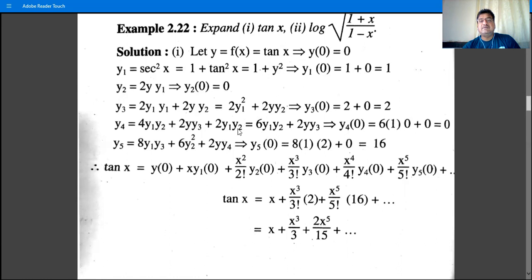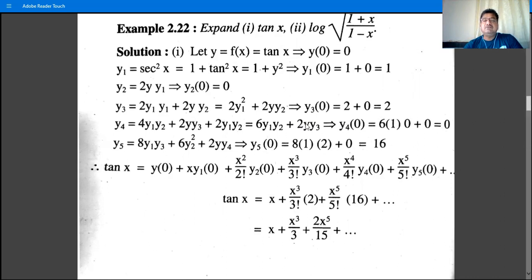So this is 6 y1 y2 plus 2 y y3, and then the value at 0, y4 0. Y4 0 is what? 6 y1 0 into y2 0, and y2 0 is 0, so this is 0. Then 2 y0 is 0, y3 is 2, but it is equal to 0. So y0 is 0, so this quantity is 0, and we have the answer 0.